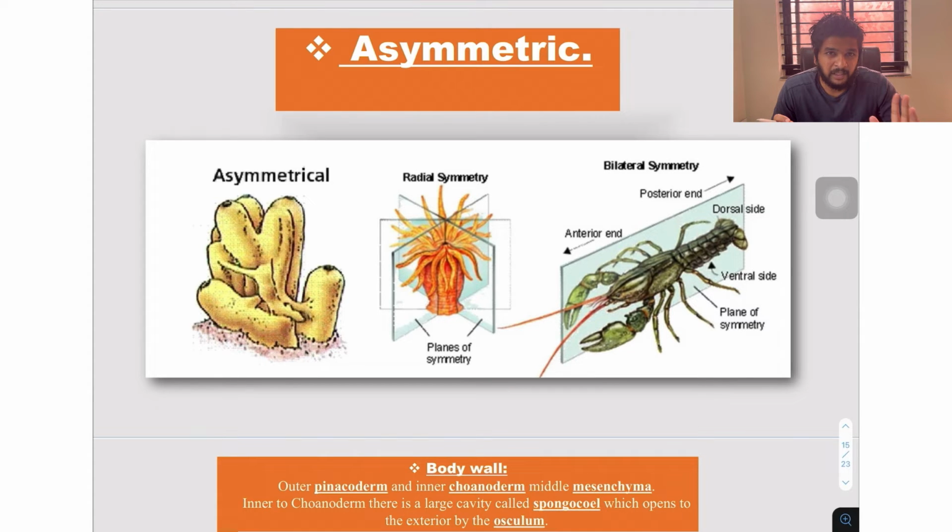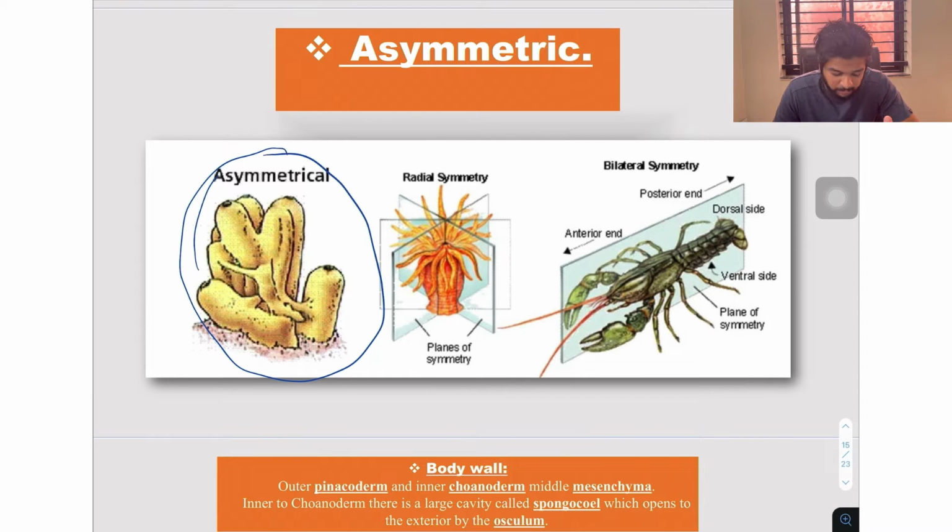Suppose I cut an organism in any plane passing through the center and I get two equal parts, then that is called radial symmetry. In only one plane passing through the center, if I get two equal parts, bilateral symmetry. In any plane passing through the center, if I get two equal parts, then that is called radial symmetry. But these poriferans are called asymmetric organisms.